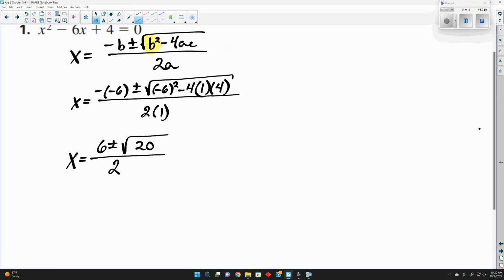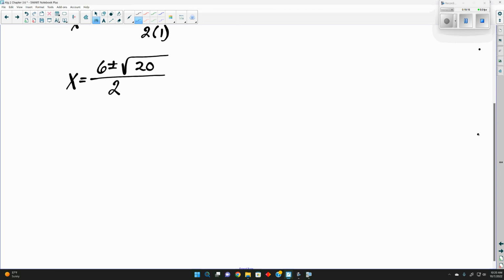Questions on this here? Yes. Now we do need to see if the square root of 20 would reduce, and we can type that into the yellow calculator, which will tell us that it is 2 square root of 5, I believe. Yes?